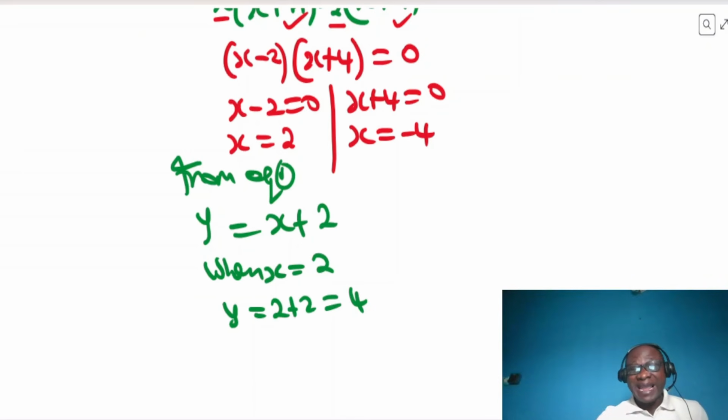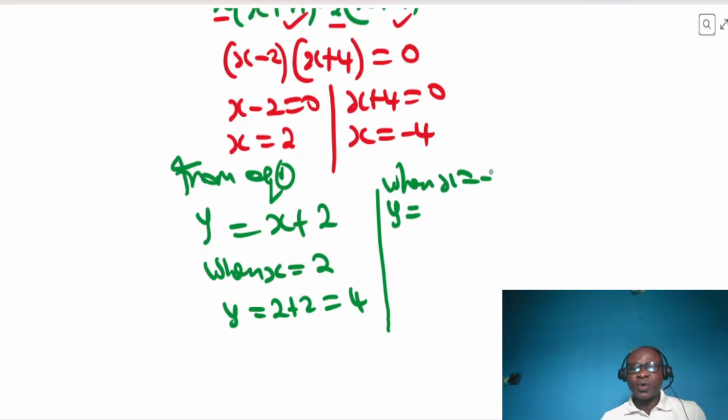And when x is equal to negative 4, y now will be equal to negative 4 plus 2, which is now equal to negative 2.